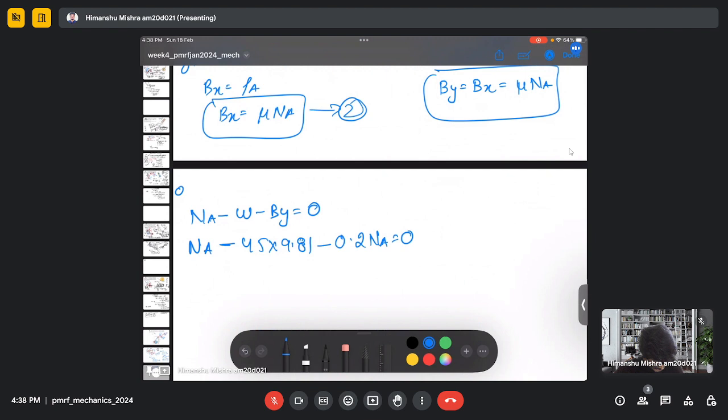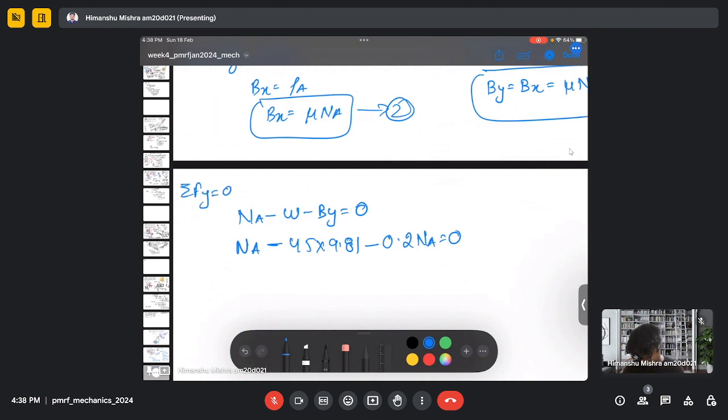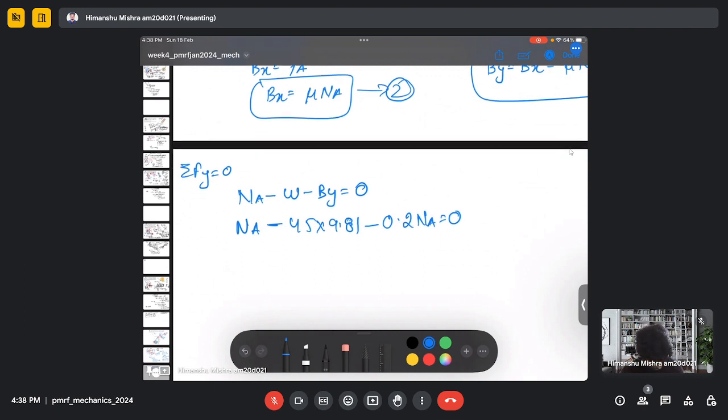So now I can get NA from here, which is 551.812 Newton.